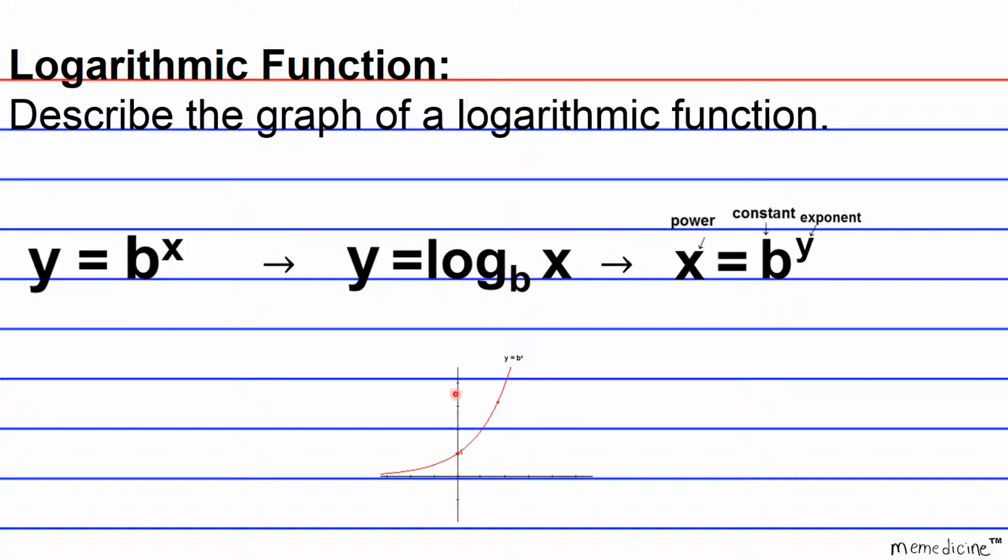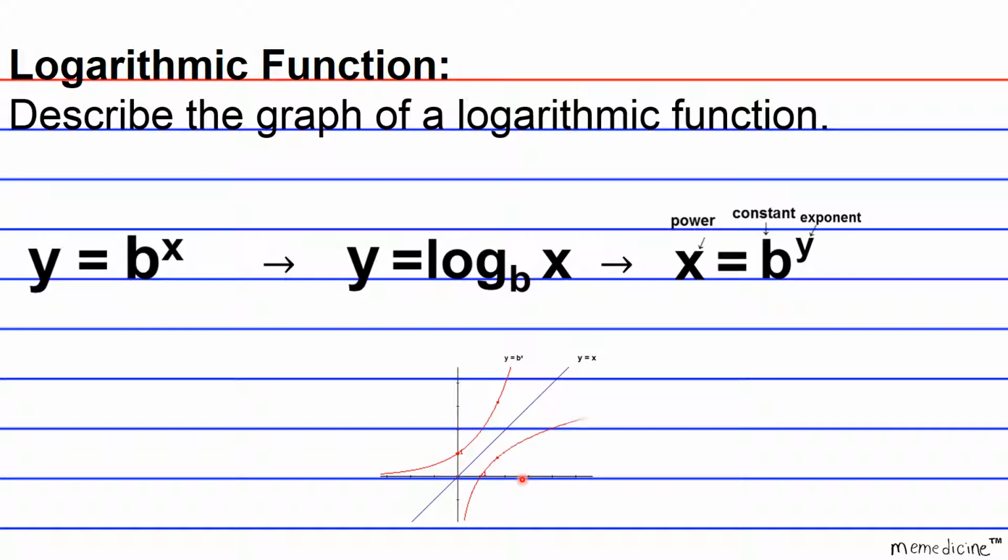On such a graph, the logarithmic function is the reflection of the graph of the corresponding exponential function through the line y equals x. And that's true of any function. If you want to yield the inverse function, you basically just flip it over the line y equals x.